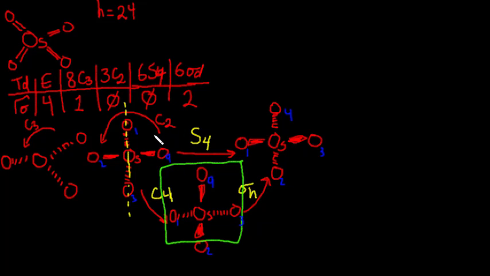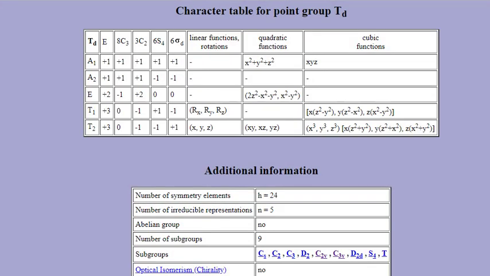Now we can actually go back to the character table and figure out the irreducible representation. So we would go through each one of these symmetry labels and figure out how many representations are in A1, A2, E, and T1 and T2.